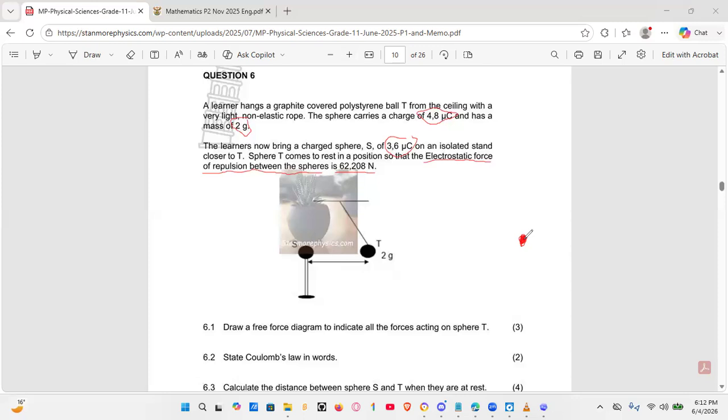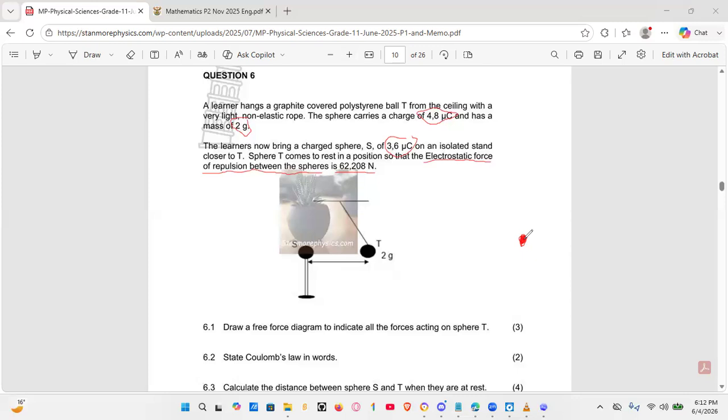FG. Yes. And what's the last one that they're speaking about here? The electrostatic force. Yes, that's the last one.